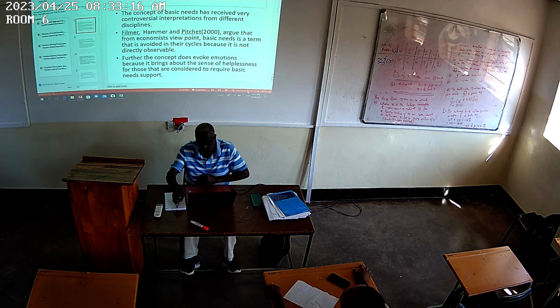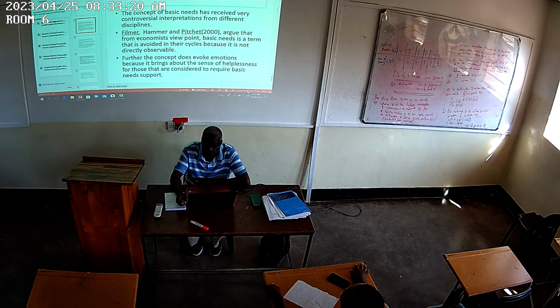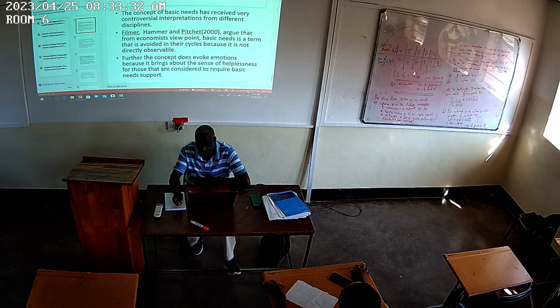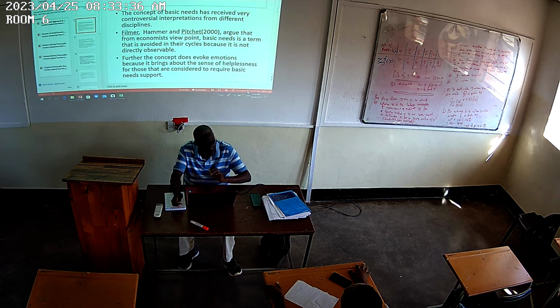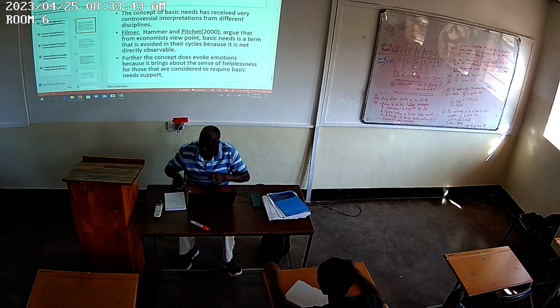approach? This concept is based on an idea of understanding what basic needs are. People are talking about what basic needs are, so that's what we need to understand. Then Filmer and Hammer argue that basic needs is basically understood as an economic concept, and therefore people understand it as an economic concept.